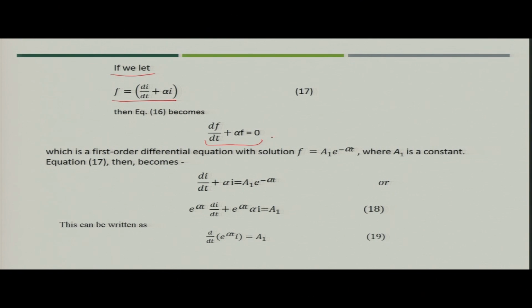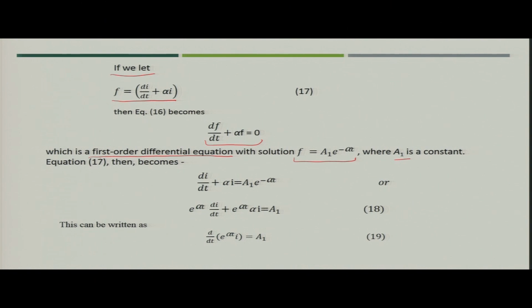Now, this is a first order differential equation, and we have seen these kinds of equations when we discussed the series RC or RL circuits in the case of source free response. So, you can simply write that the solution of this equation would be f equal to A1 e to the power minus alpha t, where A1 is a constant.